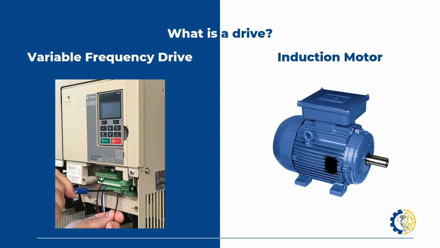But what would happen if I wanted to decrease the speed, for whatever reason, for any application or for safety reasons? If I wanted to control that device with a contactor, it wouldn't have been able to be done.